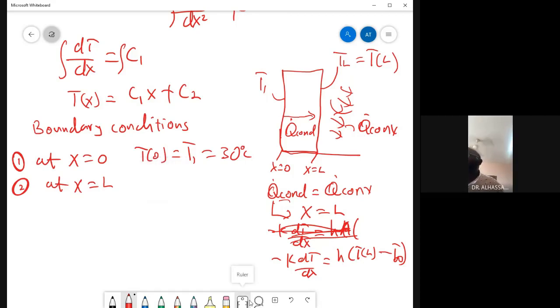So minus k dT over dx. This pen is misbehaving now, so let me write it here. At x equals L, we have minus k dT over dx.